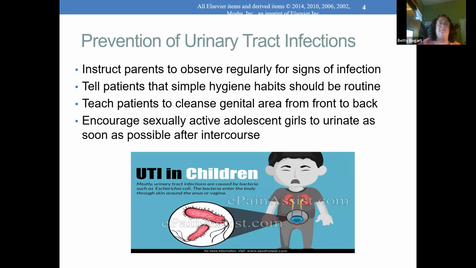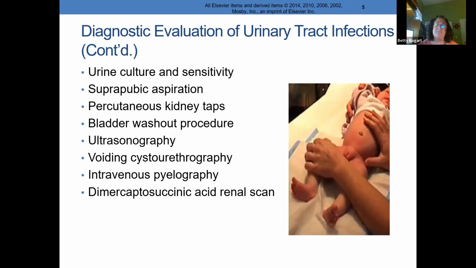And we don't think about adolescent urinary tract infections, but I will tell adolescent girls, usually without the mother there, that if they are having sex, one way they can help prevent urinary tract infections is to urinate as soon after sex as possible. And that does decrease the frequency of urinary tract infections.